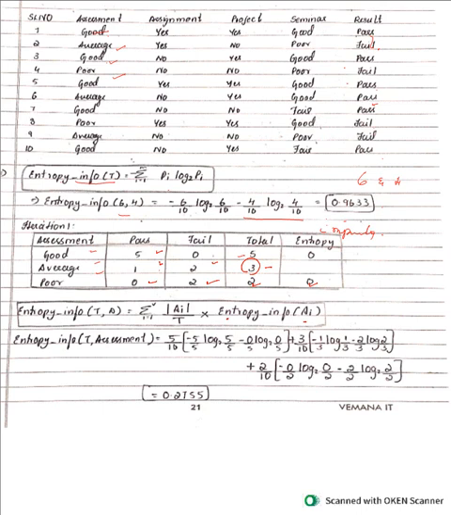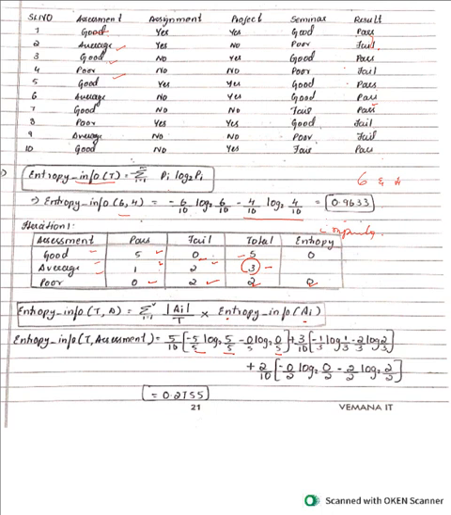Totally we have 5, so 5 out of 10, that is 5 by 10, for instances of type good. So 5 by 10 into, for this row now we are writing, minus 5 by 5 log 5 by 5 minus 0 by 5 log 0 by 5, plus how many are negative here? 3 instances.